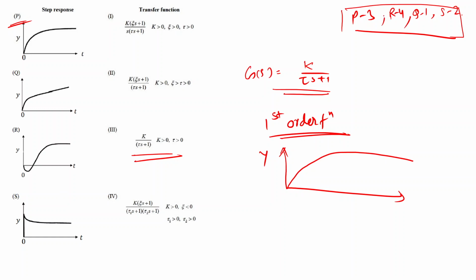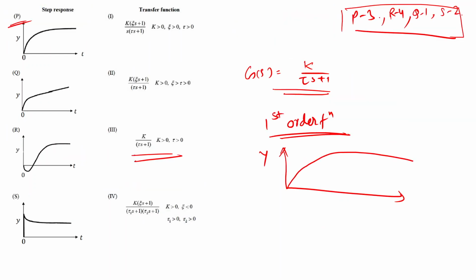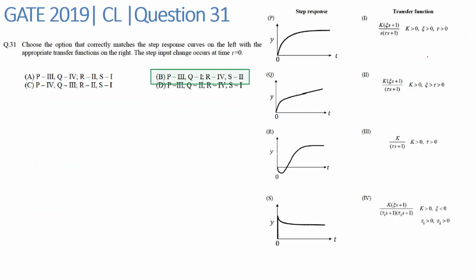Now we'll select the correct option from the given MCQs. So we are having this sequence of P, Q, R, S, that is 3, 1, 4, 2. Now from the given options, we can say that 3, 1, 4, 2 corresponds to option B. So option B is the correct answer.